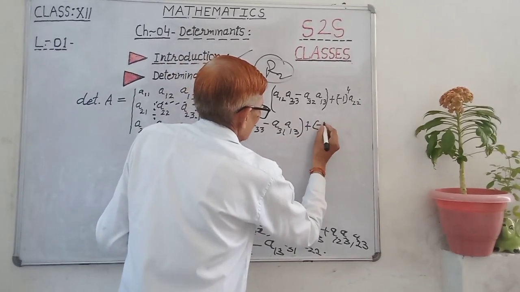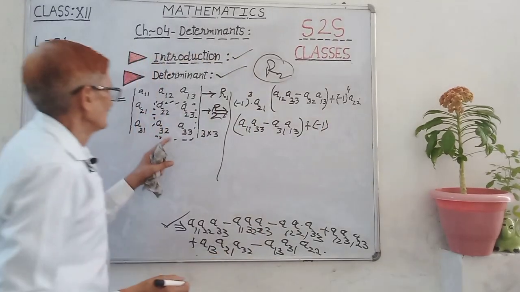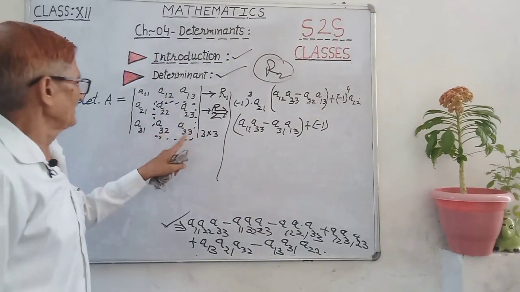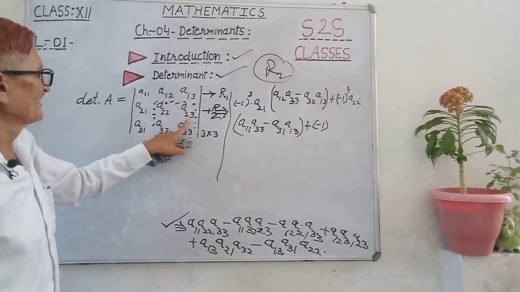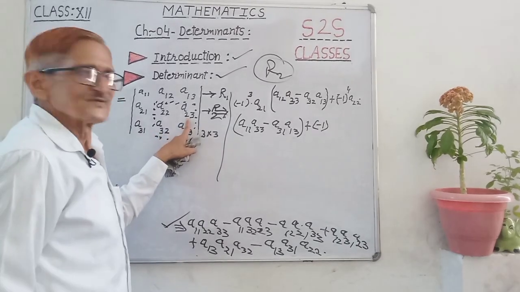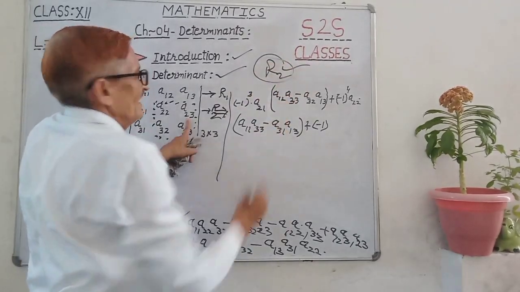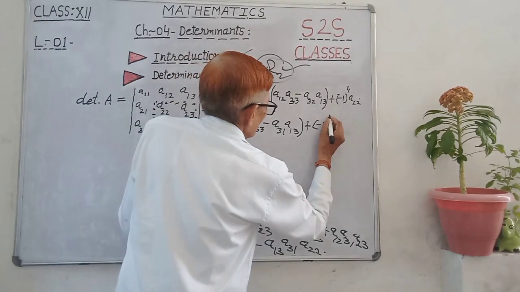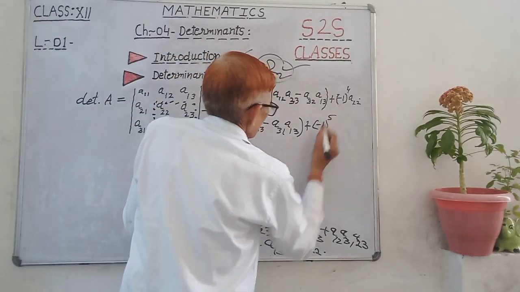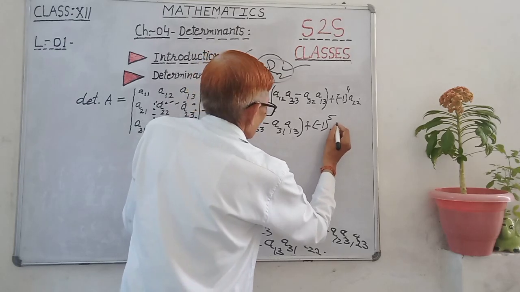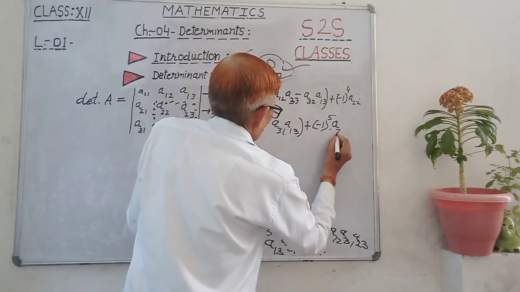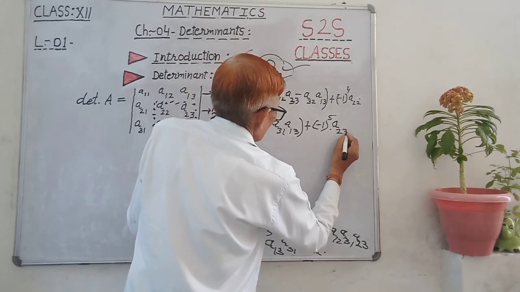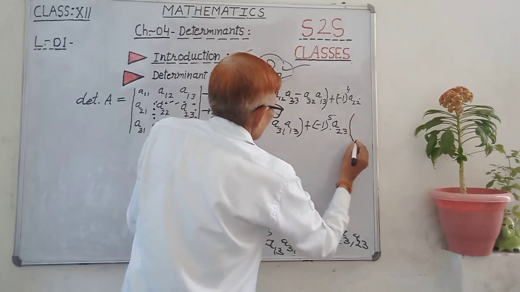Minus 1 power i plus j, this is the third element of the second row, expanding along the second row, so A23, 2 plus 3 is 5, into A23 bracket.